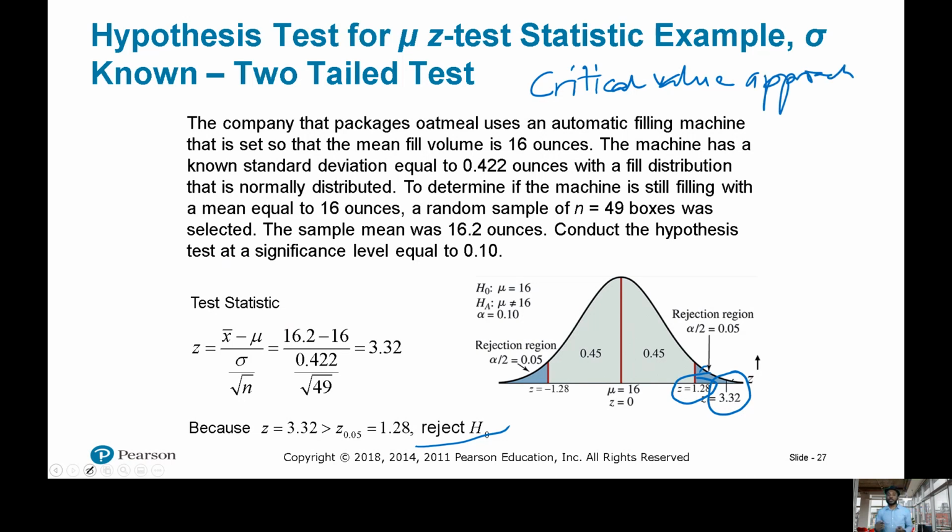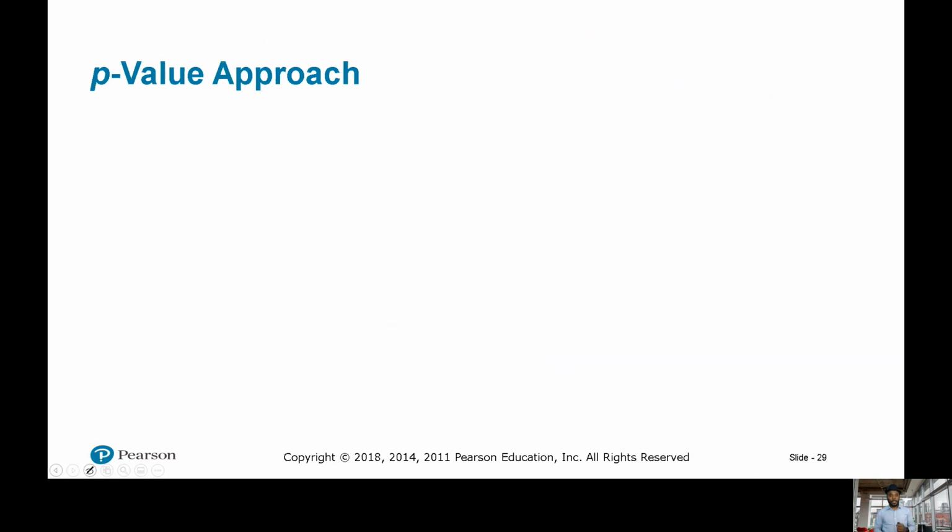Next, I'm going to show you how to also make this decision using the p-value approach, which means that after computing a test statistic, we will determine what the alpha value is of this test statistic, and then compare that with our significance level in order to make our decisions. So the p-value approach.